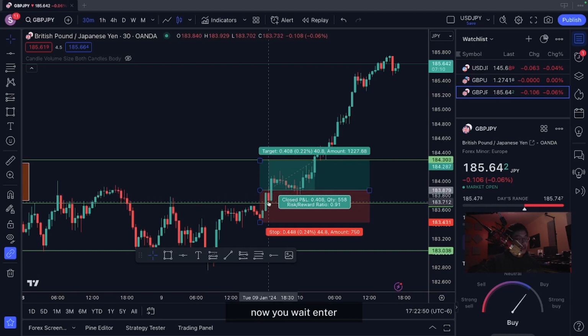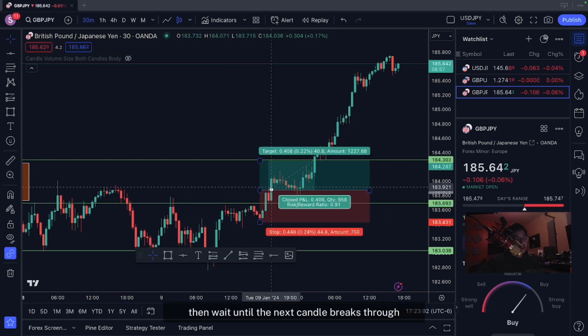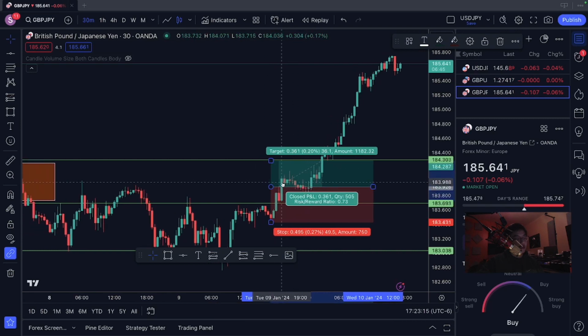Now you wait, enter. So sometimes people will enter right here. Other times people will wait until it retests that support, this old support or resistance, then wait until the next candle breaks through, which it did. So yeah, ideally you want to enter like right here, this current candle, and continue buying or selling.